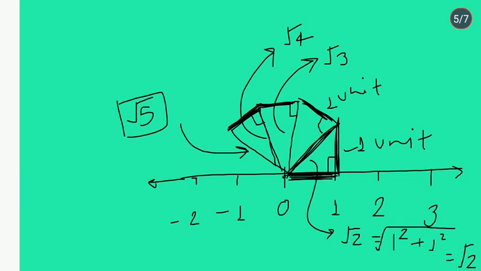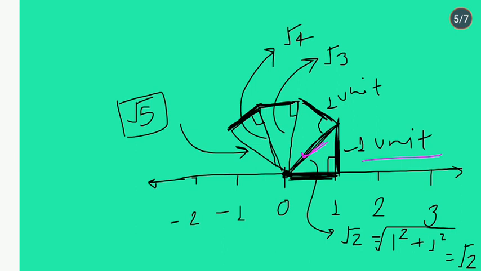Let's discuss it again. First of all, I have taken 1 unit on the number line, then a perpendicular on the number line of 1 unit is this one. We have taken 1 unit here, so this will become root 2 unit.